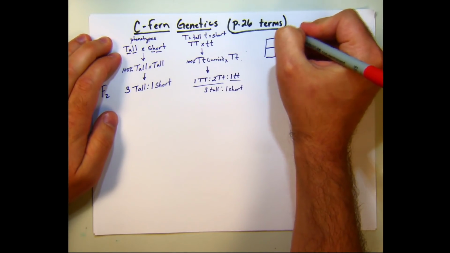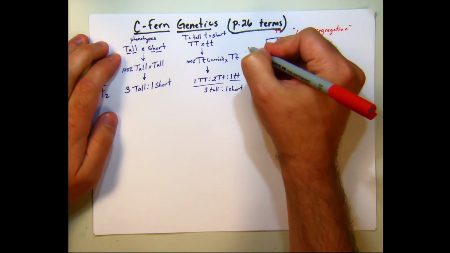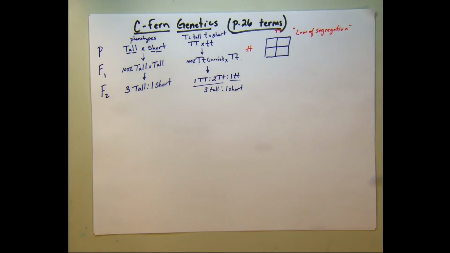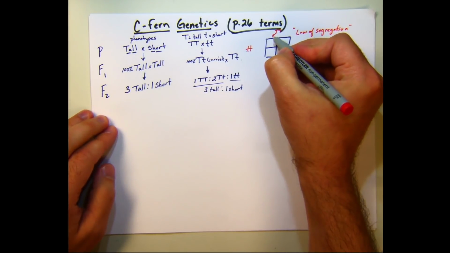Which means we have these 2 characters inside an organism. We have these 2 characters over here. Doesn't really matter where I put each one. But during its life cycle, when it's trying to produce some little gametes, when it's trying to produce offspring, these are going to separate.